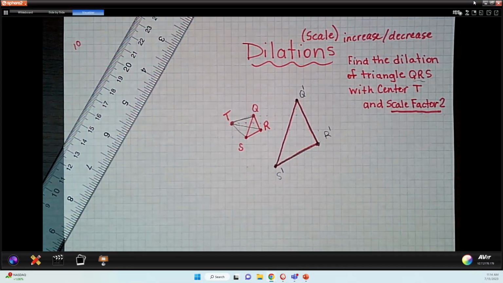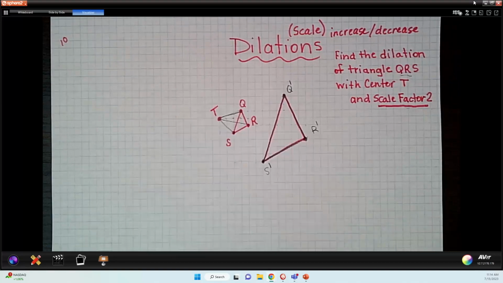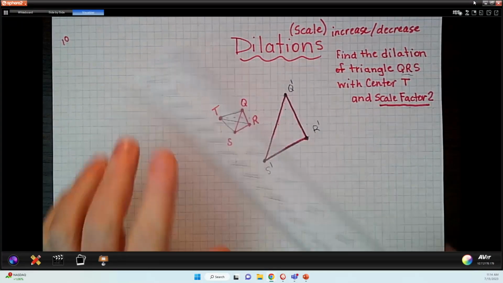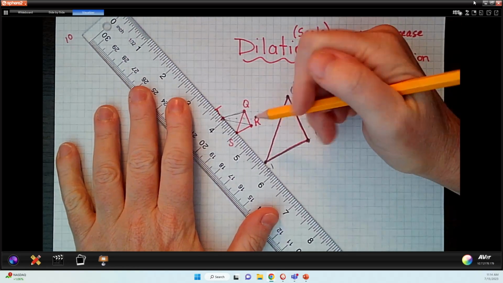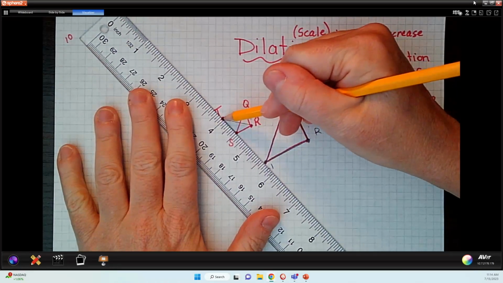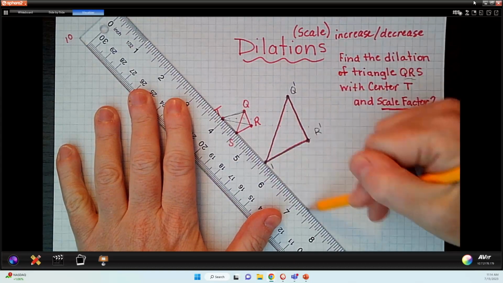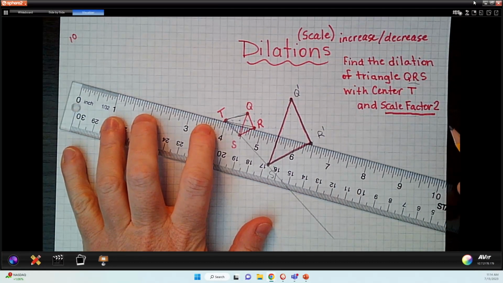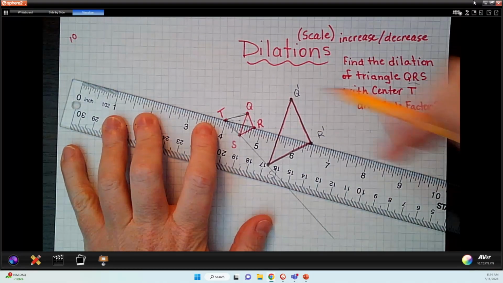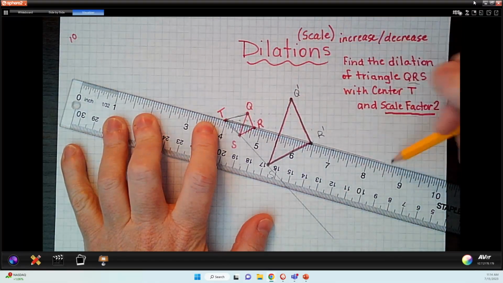Now, if I did this correctly, then the lines of dilation will hit and continue. And you can see if I line T up with S and the copy of S, they form this nice straight line. And then I can continue T to R to the copy of R, just kind of line it up, and it makes this nice straight line.